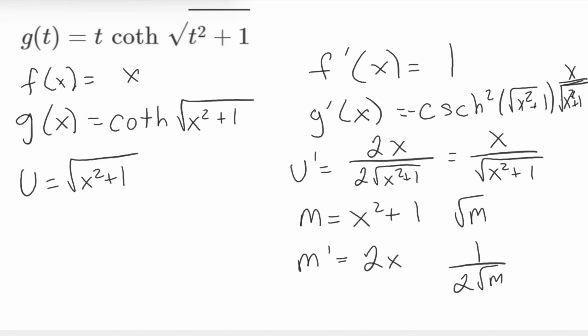Yes. All right, so we've got the derivative of f of x, the derivative of x is 1, so that's that. The derivative of hyperbolic cotangent of the square root of x squared plus 1, we have to do a chain rule, so u is the square root of x squared plus 1, which we then have to do a chain rule on. The derivative of that is 2x over 2 square root of x squared plus 1, which is equal to that.